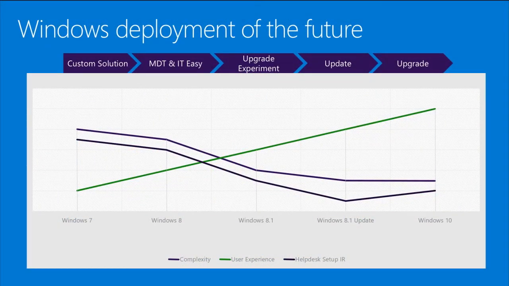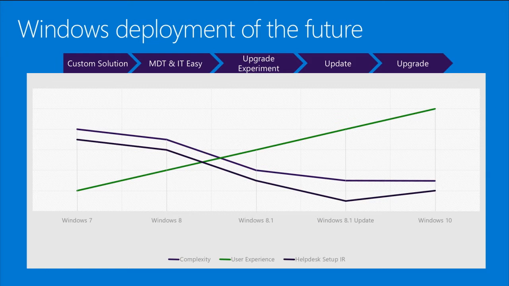As an example, taking the Microsoft IT experience using Upgrade, you can really trace the arc up. The main lines to pay attention to here are the green line around user satisfaction going up from 7 to 10 as the Windows deployment models used by Microsoft IT transition from custom solution to MDT, SCCM, plus the IT Easy installer. They started experimenting with Upgrade around the 8.1 timeframe, using Update in the 8.1 update, and then a full-on upgrade path from all versions of Windows to Windows 10.